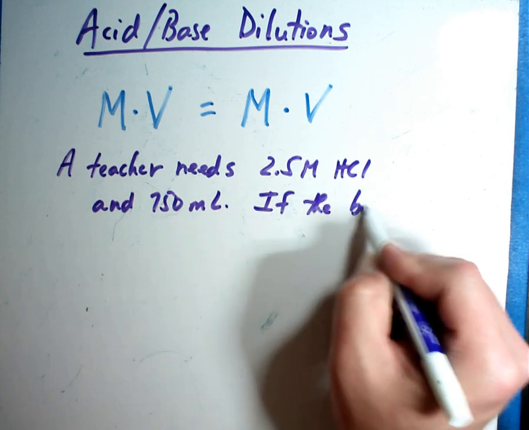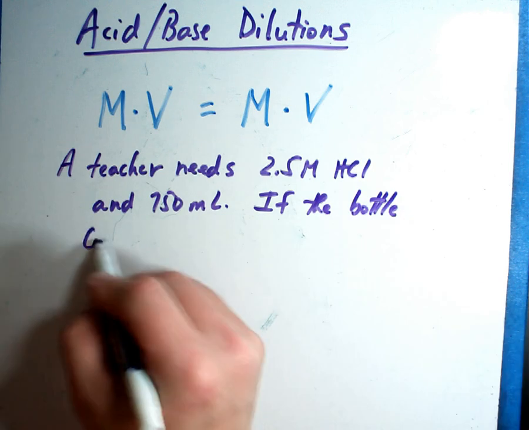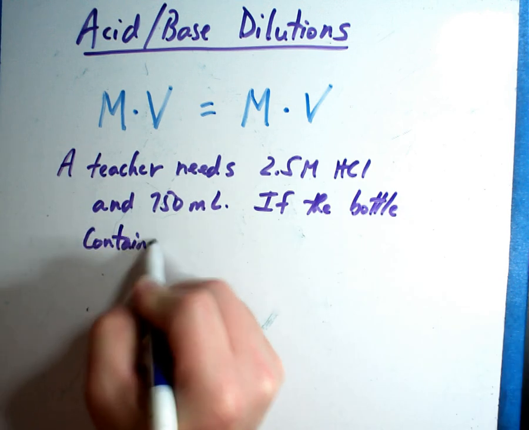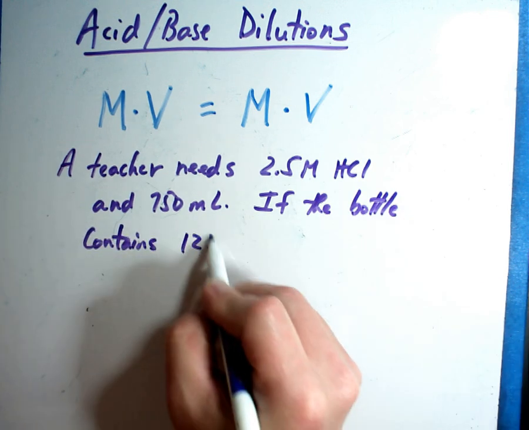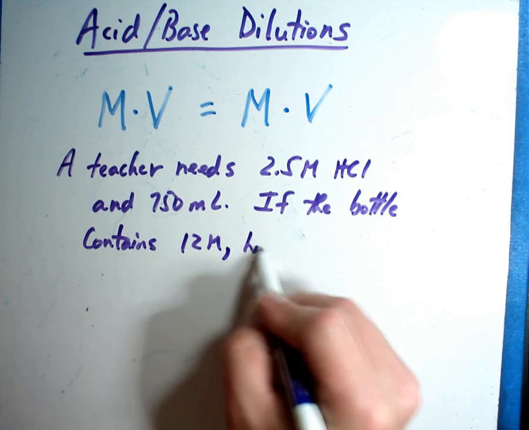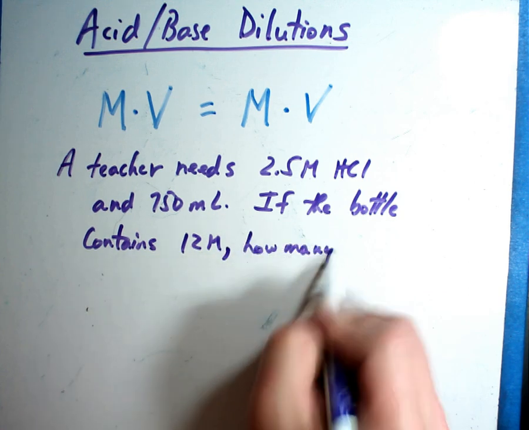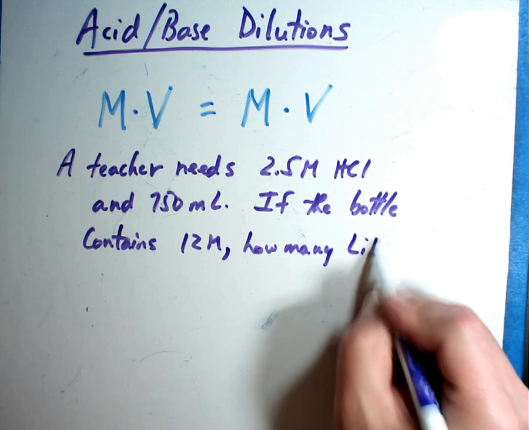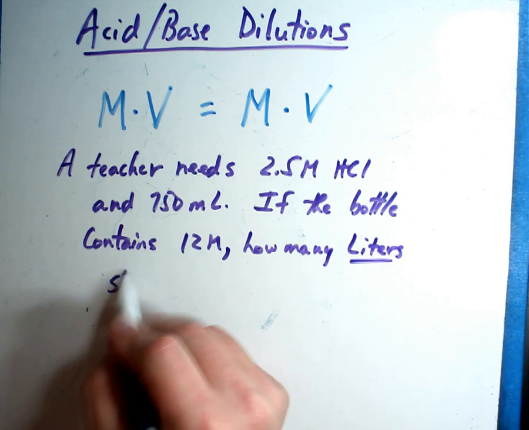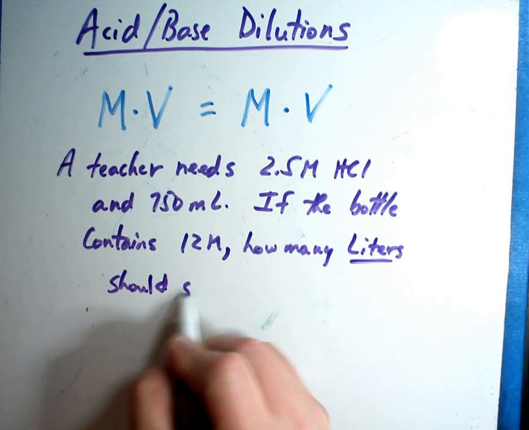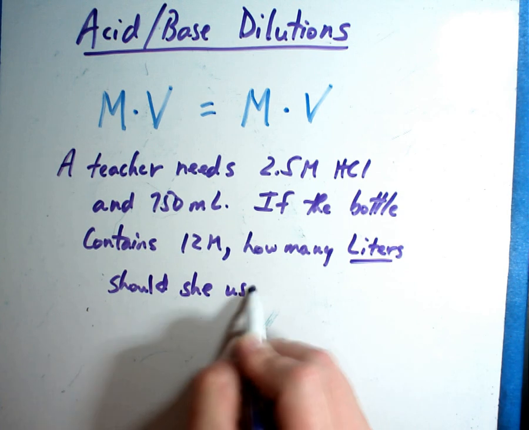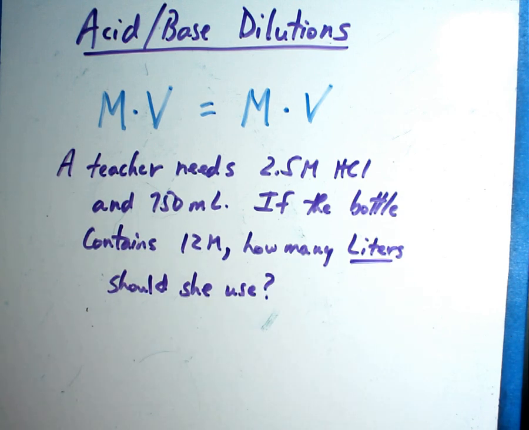If the bottle contains 12 molar, how many liters should she use? Now I'll give you a second to finish writing that down. If you need to pause it, don't let me get too far ahead of you, and we'll work the problem.